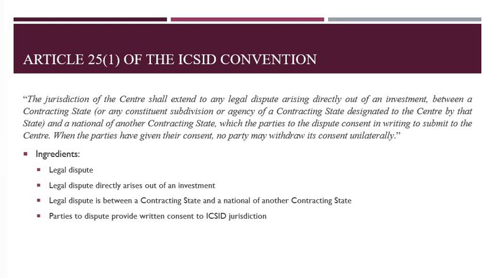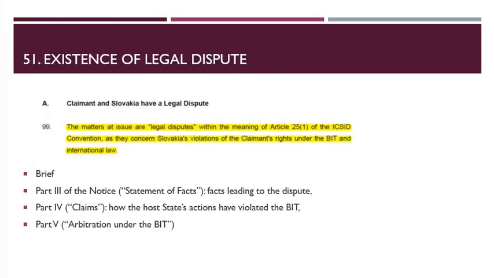Item 51 of the checklist, on existence of legal dispute, is reflected in the notice. A. Claimant and Slovakia have a legal dispute. The matters at issue are legal disputes within the meaning of Article 25(1) of the ICSID Convention, as they concern Slovakia's violations of the claimant's rights under the VIII and international law.